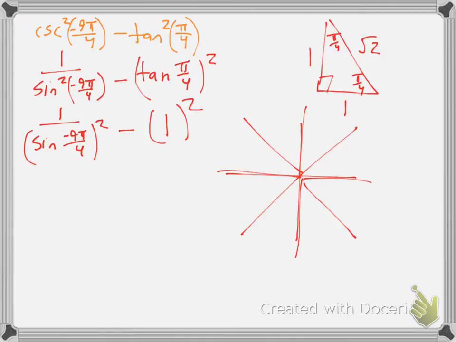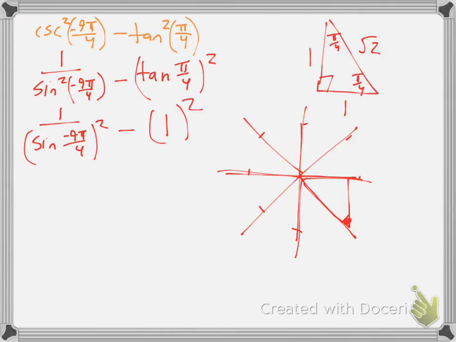How do I figure out where I'm at? How many of them am I going? 9. Which way? Down. So, I'm going to go 1, 2, 3, 4, 5, 6, 7, 8, 9. So I am down here. How many steps away from there am I? 1 step down. Right?